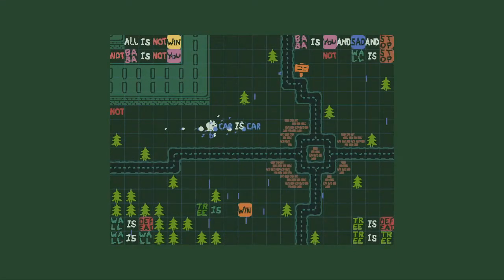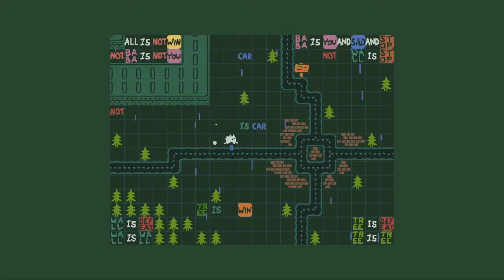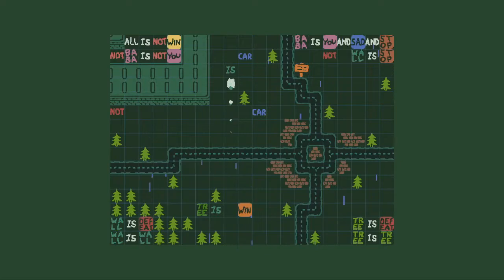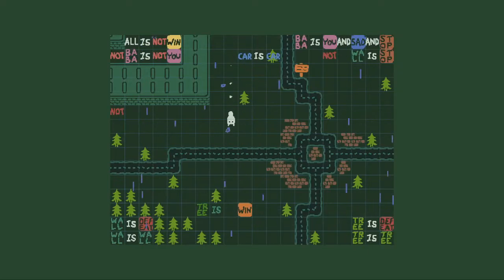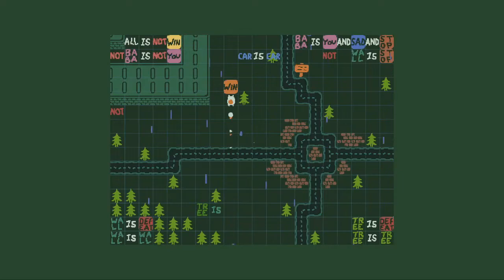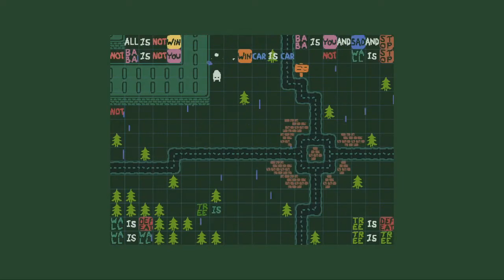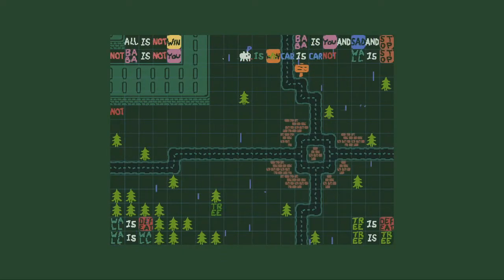So basically, if I just take a bunch of extra words and start shoving them to the right over here, does that allow Baba to be standing in this left area that has a bunch of empty stuff and get to where he's going? It might work. So let's just try it really quick. Basically, I want to push enough words over here so that I can push to the right and form not wall is stop.